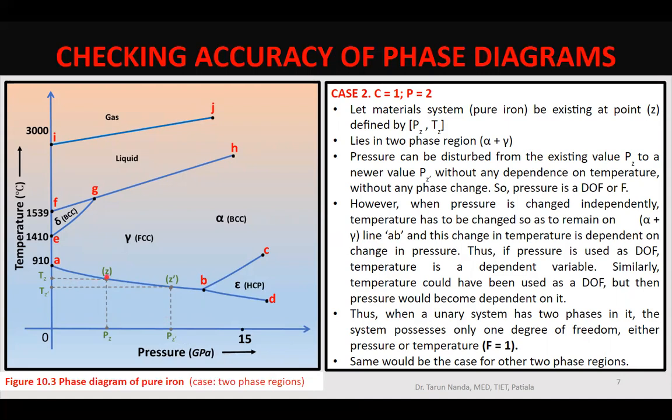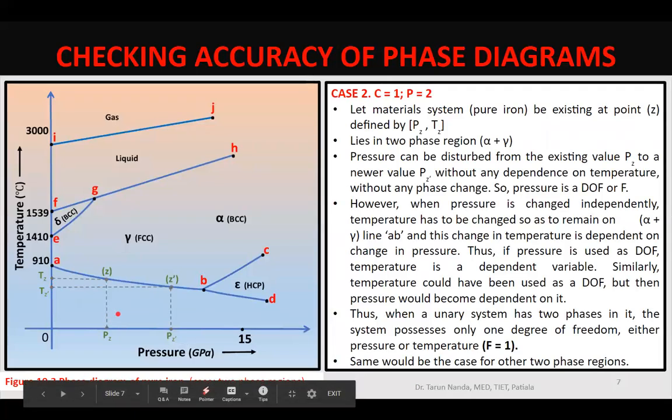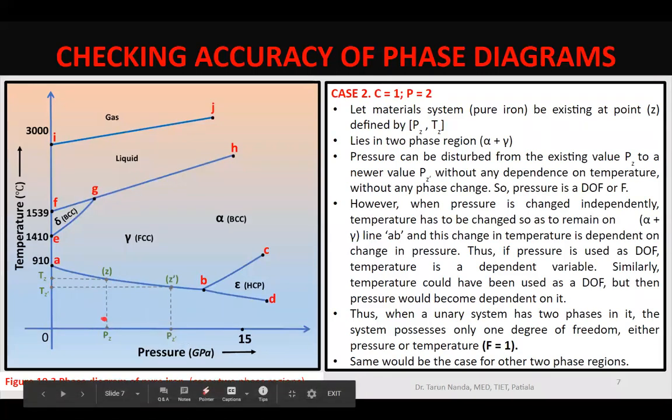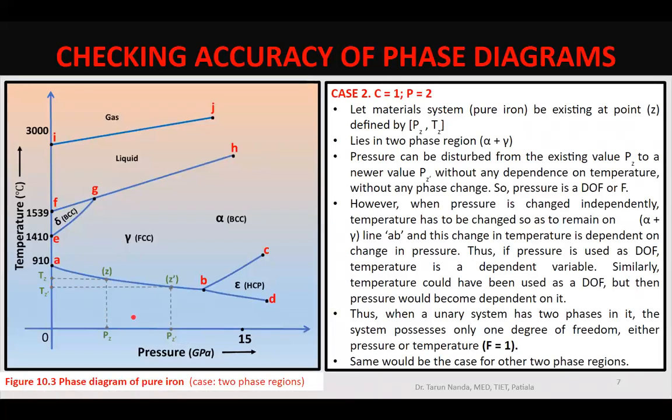Suppose if you had changed the temperature value from this to only this, then you would have changed the pressure value by this amount. So you could exercise 1 degree of freedom. Either you can change the value of temperature independently, but then the pressure change would become dependent on the temperature change, or you could have changed the pressure value by yourself, but then the temperature would have become dependent on the amount by which pressure was changed.